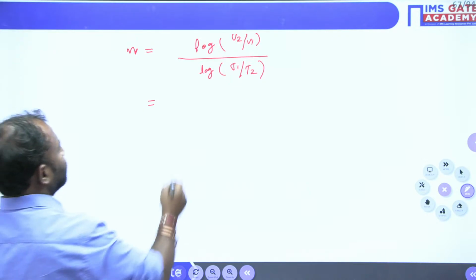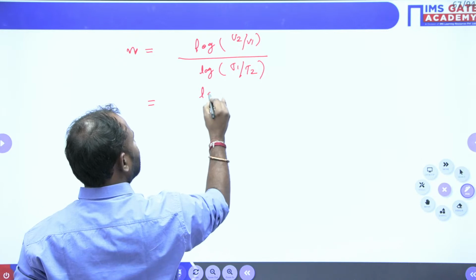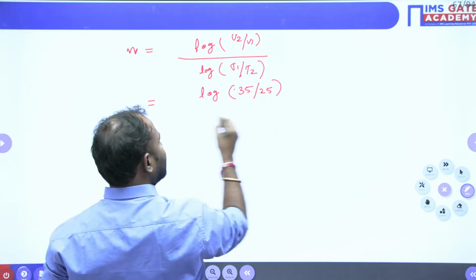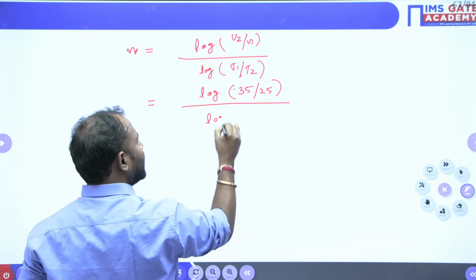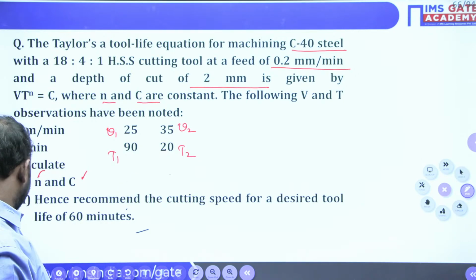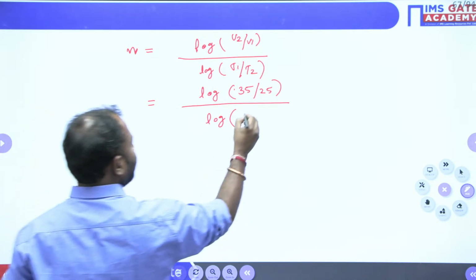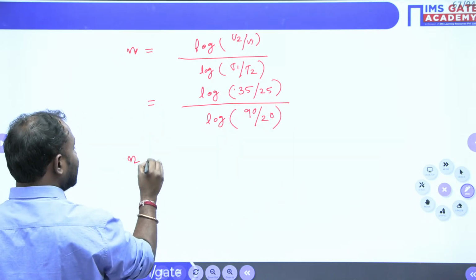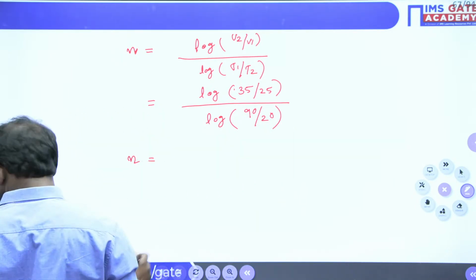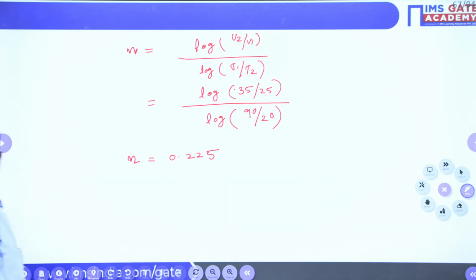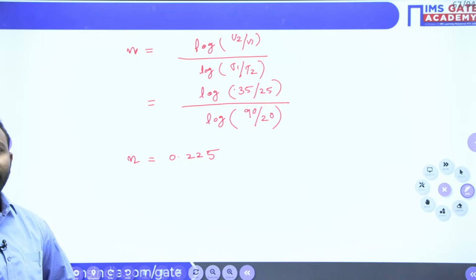So it is log of 35 by 25 divided by log of T1 by T2. T1 is 90, T2 is 20, so it is 90 by 20. Now, if you solve this, N is equal to 0.225.